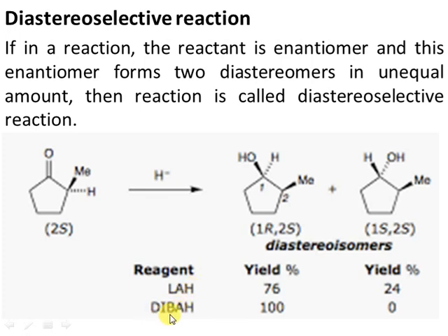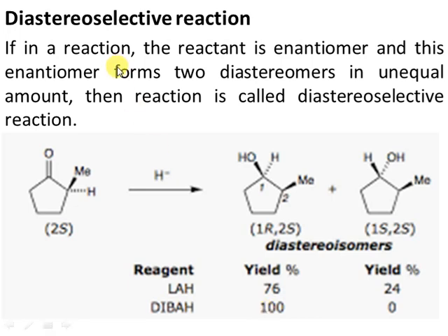When you use the diol, you get this isomer in 100% yield, while this product is not forming at all. So this reagent results in 100% selectivity, and this reaction is 100% diastereoselective.